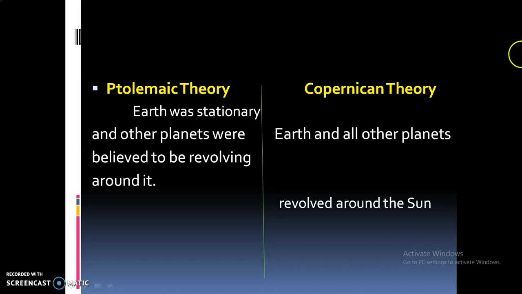It had been available for 100 years when Milton began to write Paradise Lost. According to the Copernican theory, the Earth and all other planets revolved around the Sun. So that is the difference.